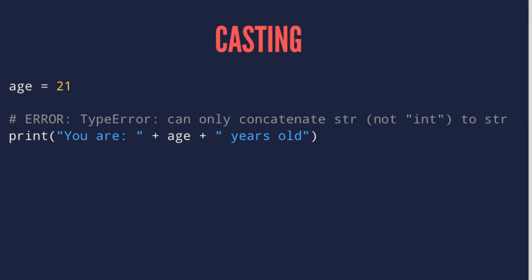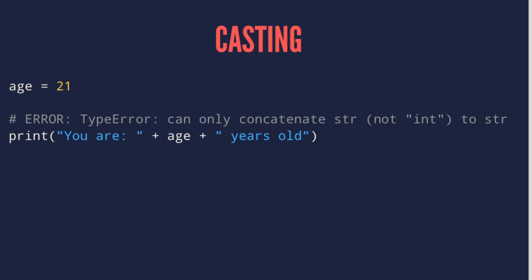So here is us using concatenation. So you might get this error when you do some of the questions later. So we've got age equals 21, which is an integer, and then we have print("You are " + age + " years old"), and that's concatenation. So usually you'd hope that would just print out the whole sentence. However, because age is a number, it's an integer, it won't be able to add things together.